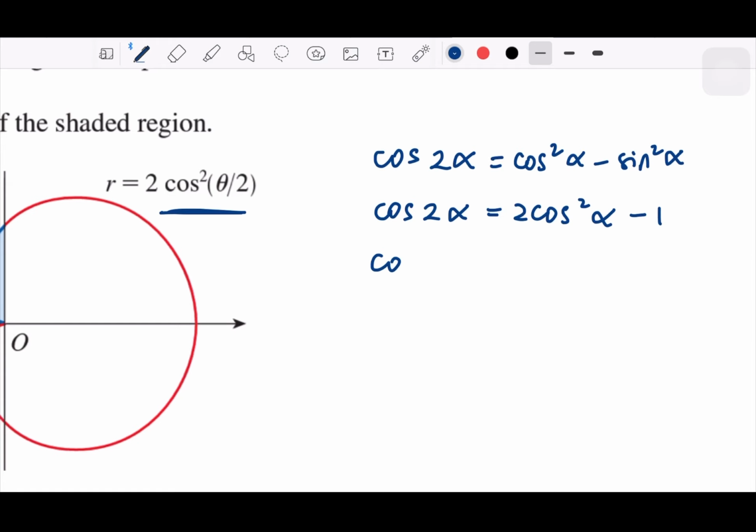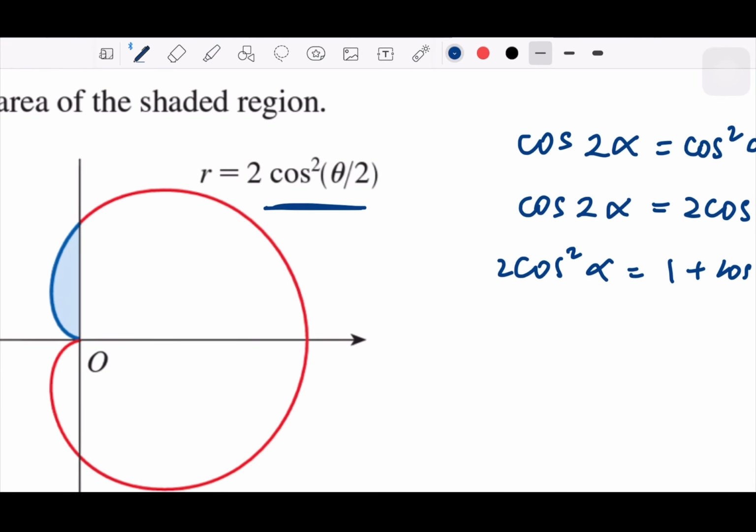So 2 cosine squared alpha is 1 plus cos 2 alpha. So this should be 1 plus cos theta, right? 1 plus cos theta. If you want to rewrite and then compute, it may be helpful in some way, right?